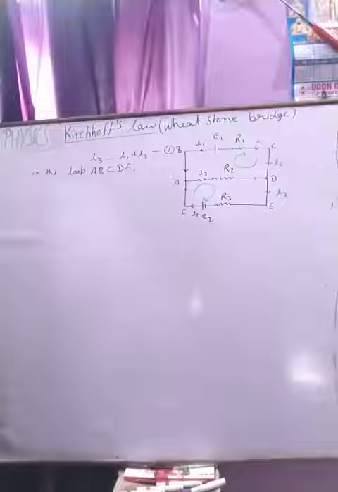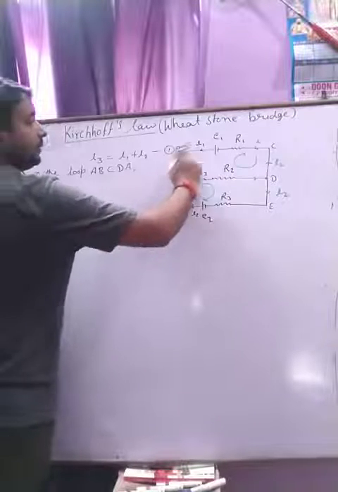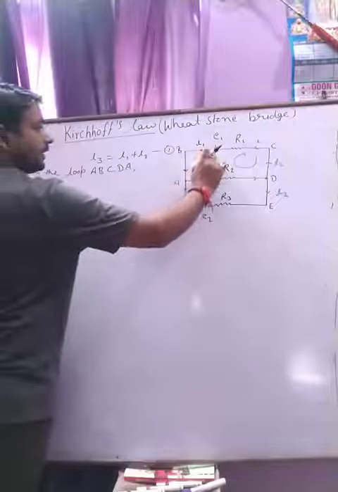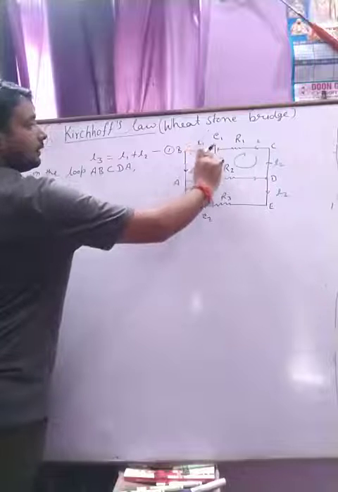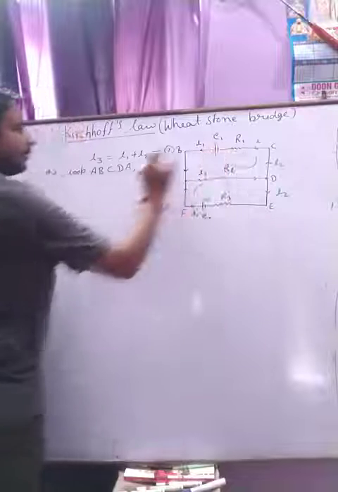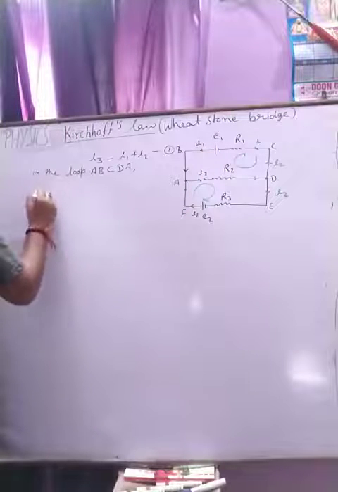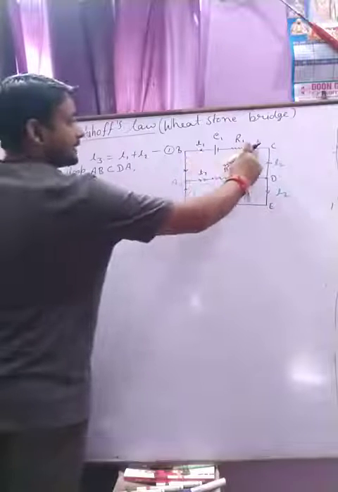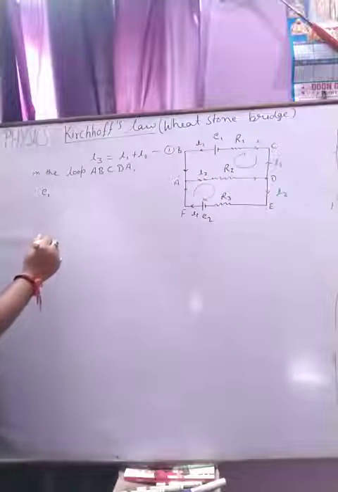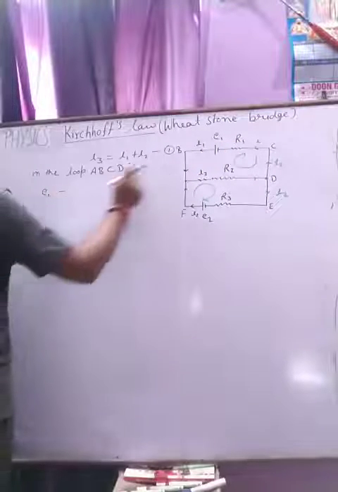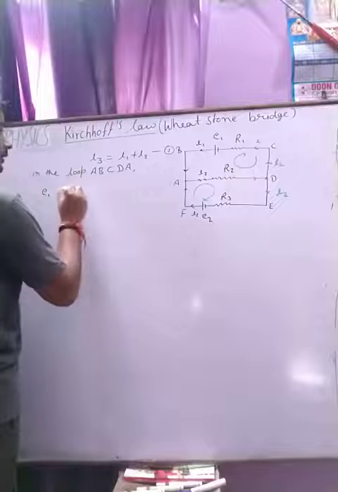Now for loop ABCDA, when we are moving from A, first we get this element, and we are moving from positive terminal to negative terminal, so the EMF is positive, E1, and then opposite to the direction of current, minus I1 R1.